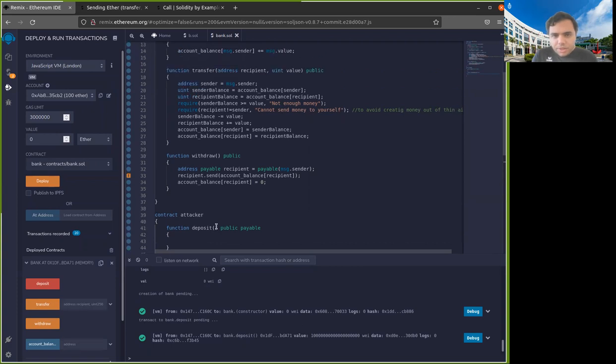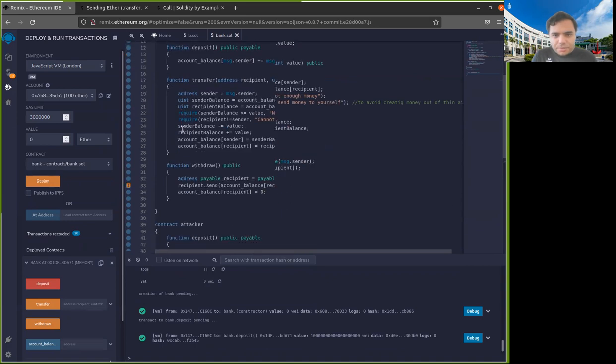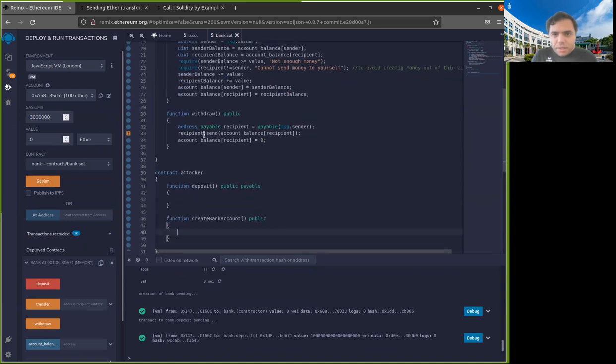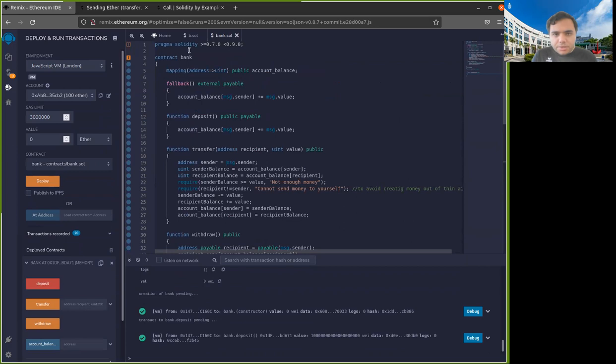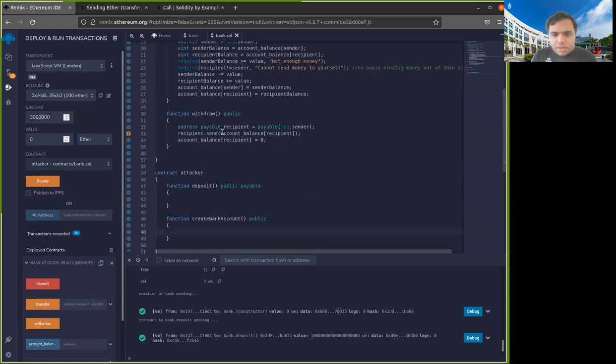What this function does is that it calls the bank contract. In order to call the bank contract, as we saw before, I actually need the address of the bank contract. So here I'm going to say that this create bank account takes the address of the bank contract.